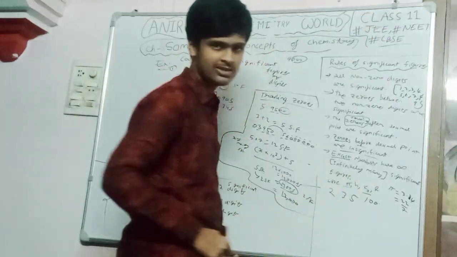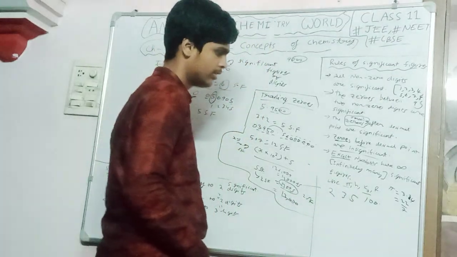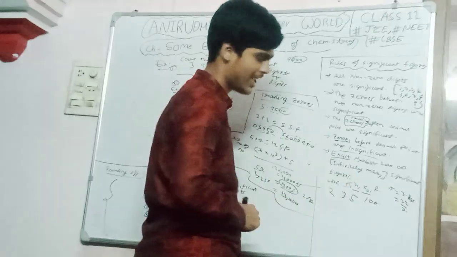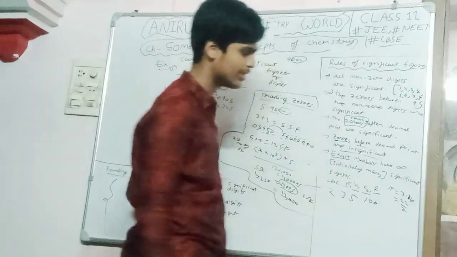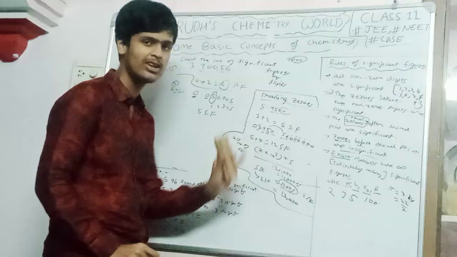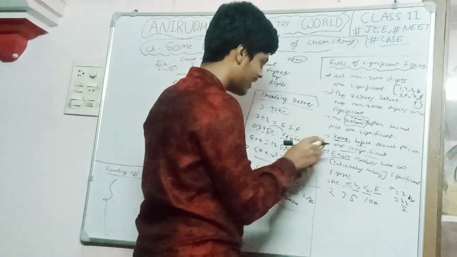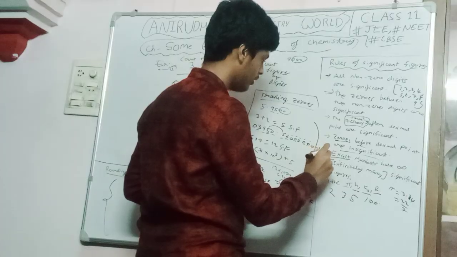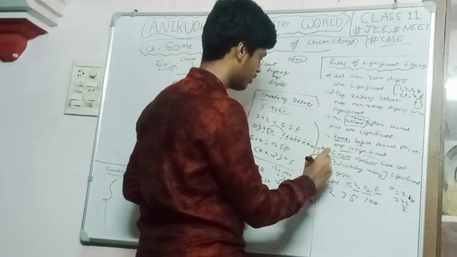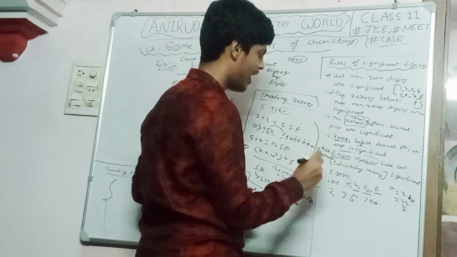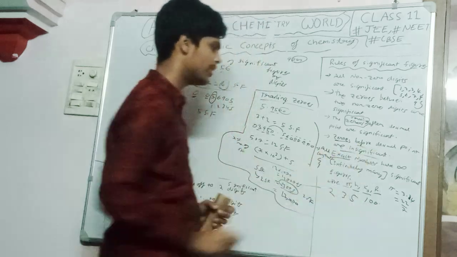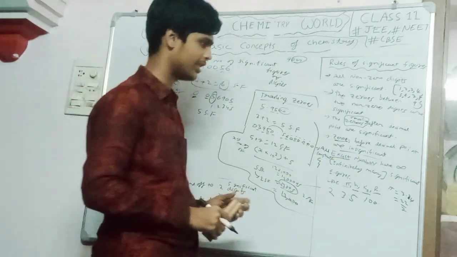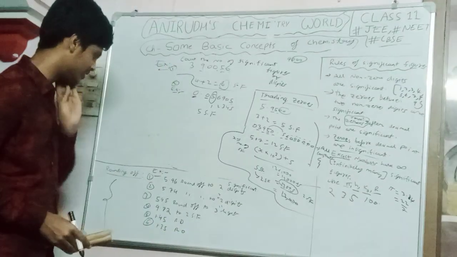The Boltzmann constant you will have in modern physics, and Planck's constant and the universal gas constant, these are all constants. You can write exact numbers along with all constants. All constants and exact numbers have infinitely many significant figures. Okay, just copy this down.